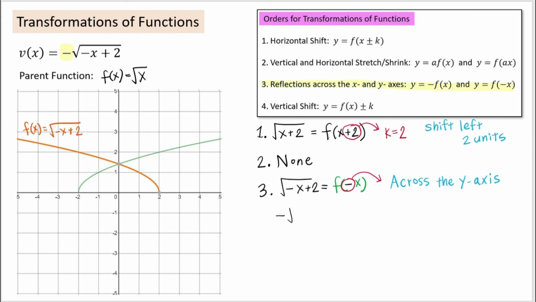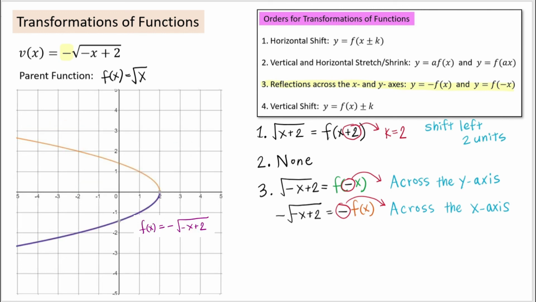Then negative square root of negative x plus 2 is equal to negative f of x. The function f of x is reflected across the x-axis to get the function negative square root of negative x plus 2. Let's call this function f of x.